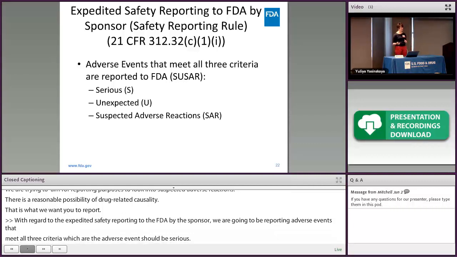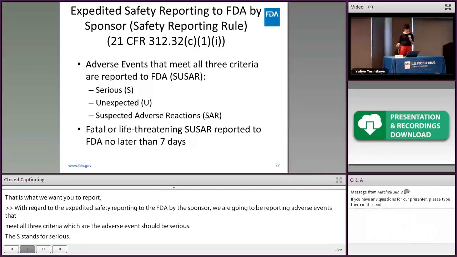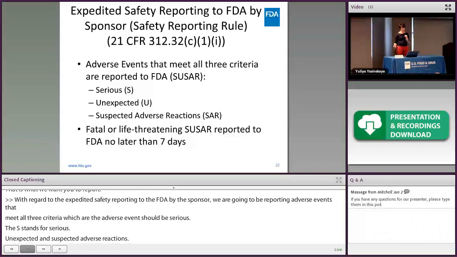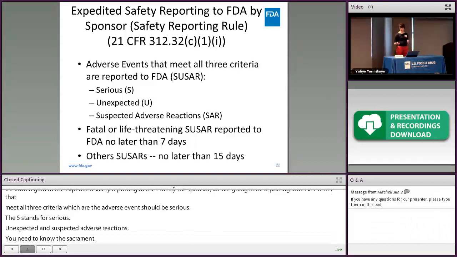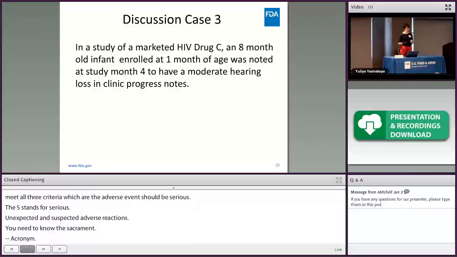SAR, you need to know this acronym. Serious, unexpected, suspected adverse reactions. The fatal and life-threatening SARs need to be reported to the FDA within 7 days of you becoming aware of this reaction. And for all others, it would be a 15-day cutoff. We'll illustrate that in case number 3.